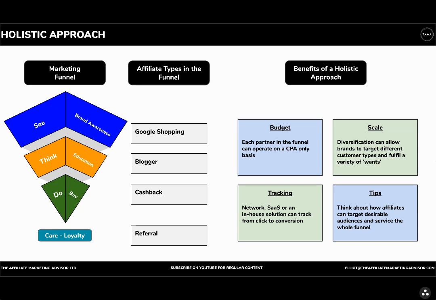So in terms of scale, diversification can have brands that target different customer types and fulfill a variety of needs. So you may have different funnels for different customer types. And it's about understanding that some customers want to purchase with a voucher code, some want to purchase without one, some will happily purchase for a blogger review.